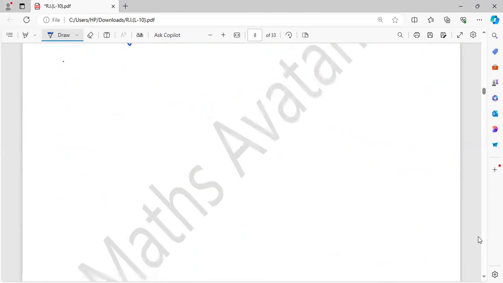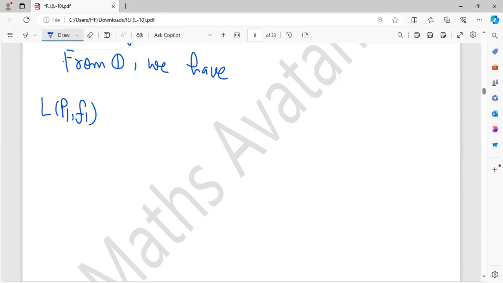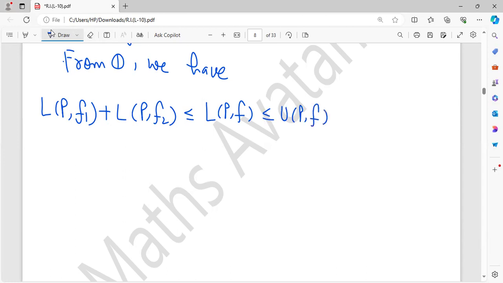Now by equation 1, what we have? From 1, we have LPF1 plus LPF2 less than LPF, that is less than UPF, that is less than UPF1 plus UPF2.